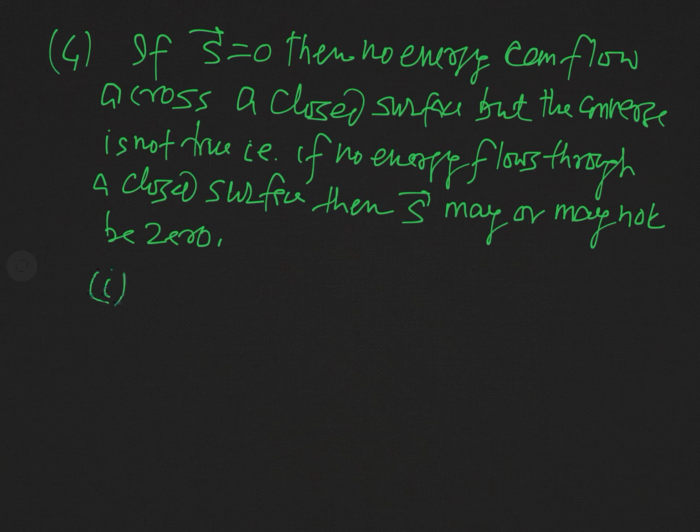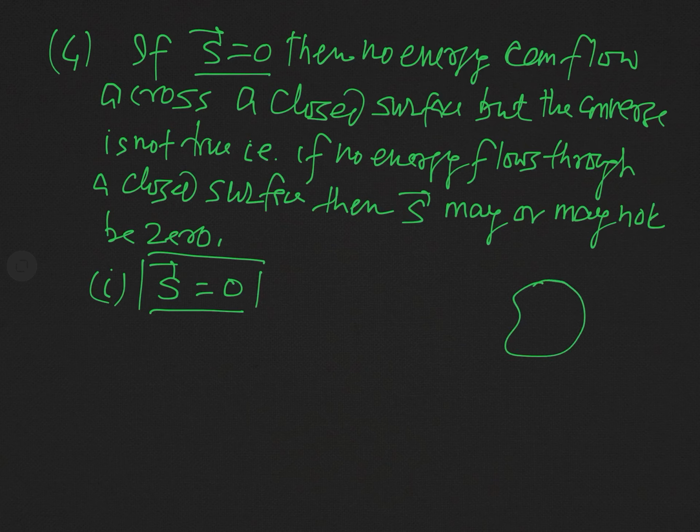First of all, the first part of the statement is when S is 0, the Poynting vector is 0, no flow of energy will take place. And you can see it very easily. Here S is equal to 0. It is given. And we have to show that there will be no flow of energy through a closed surface. Let us consider a closed surface. Let us say this S is a closed surface.